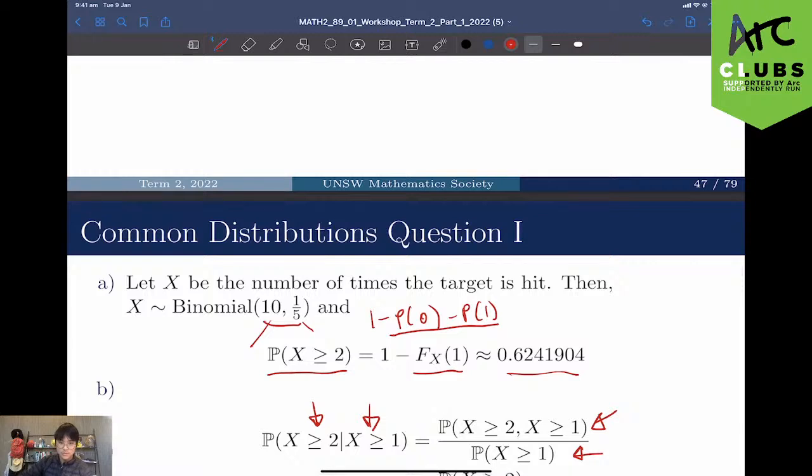And to calculate the probability that x is larger or equal to 1, so that means what's the probability that we hit the target at least once? So that's just going to be the probability that we hit the target 0 times.